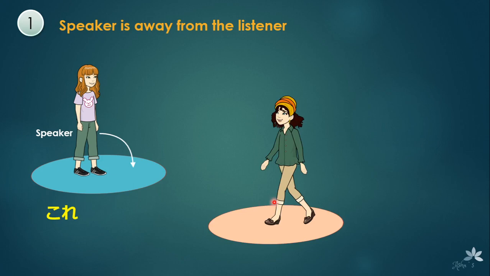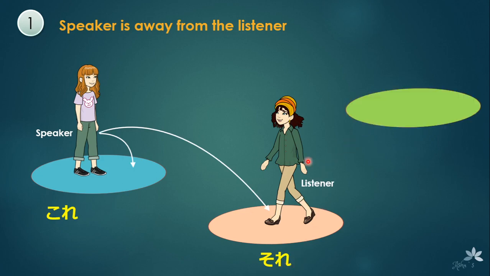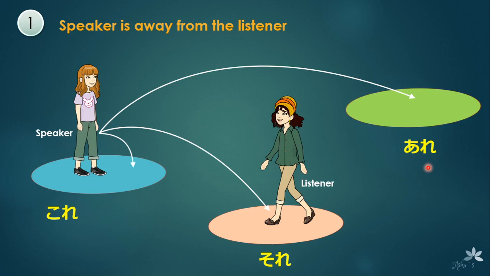The objects that are closer to the listener or in the hands of the listener will be referred to as sore. And the objects far away from both the speaker and the listener will be referred to as are.